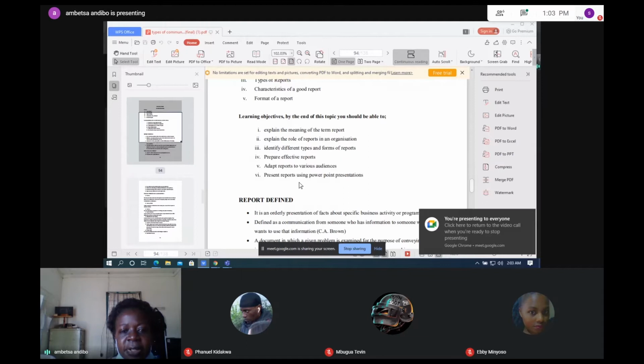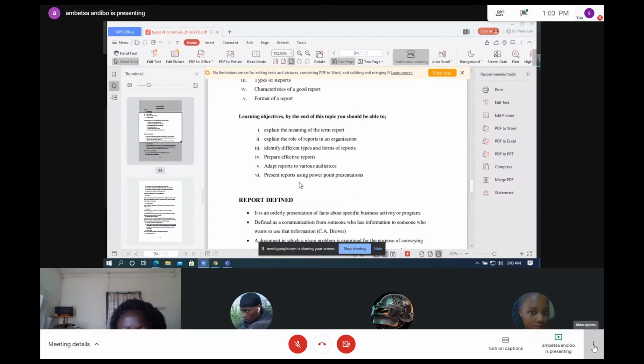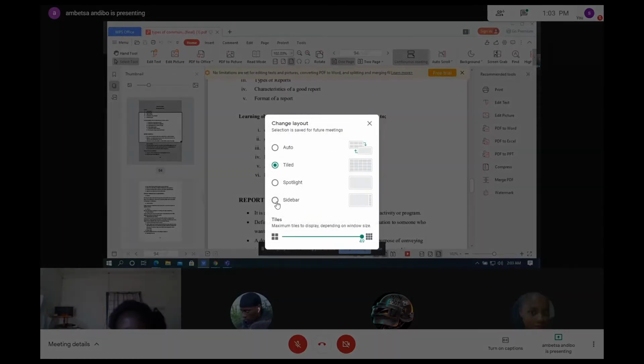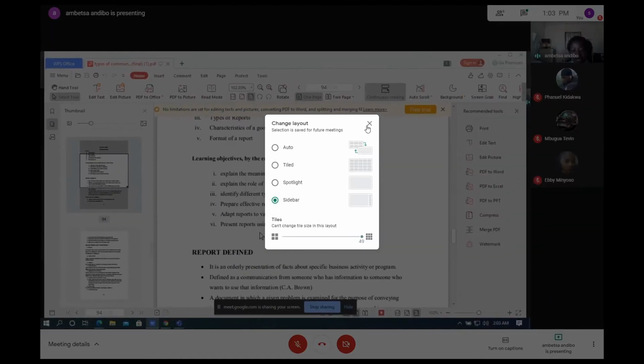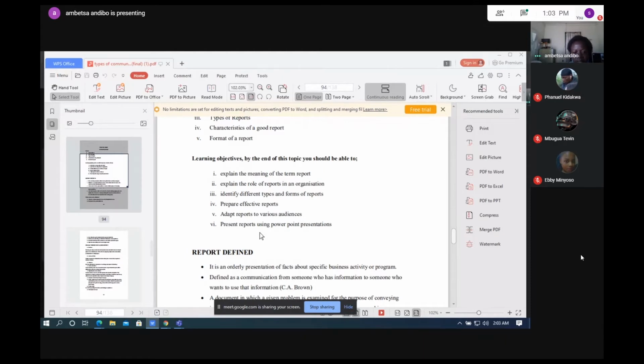The third thing is to identify different types and forms of reports. The fourth objective is to prepare effective reports. The fifth one is to adapt reports to various audiences.